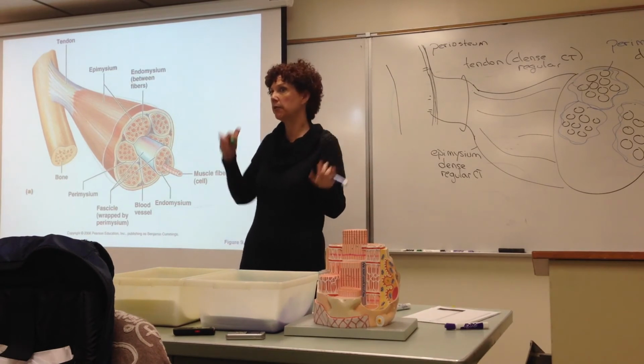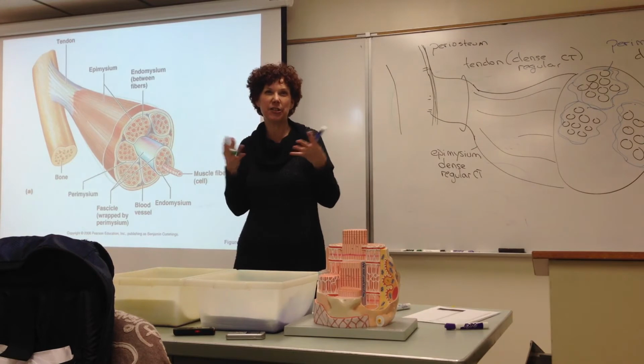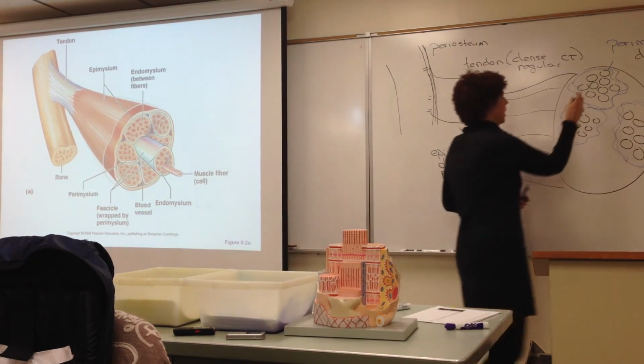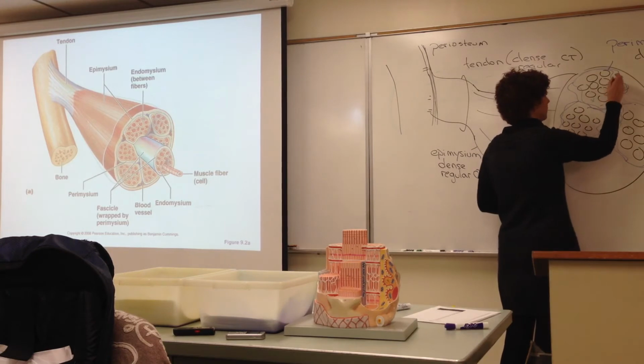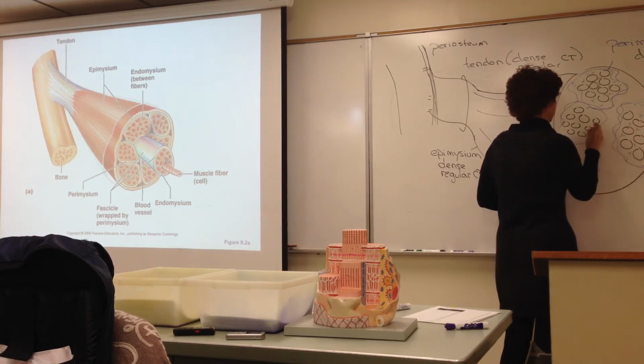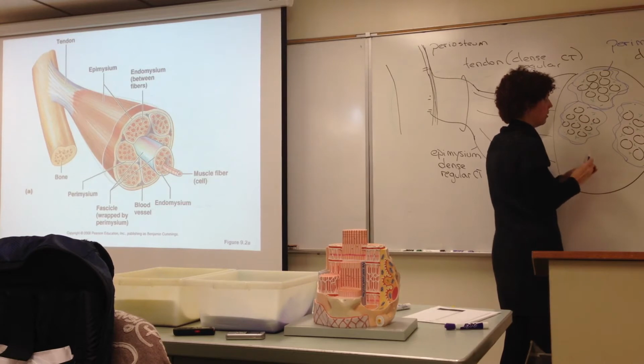Same thing around individual nerve cells and individual muscle cells. We have loose connective tissue. It supports the capillaries, nourishing those small cells. So inside the fascicle, in between each of the individual muscle cells, is the most loosely organized material, which is endomysium.